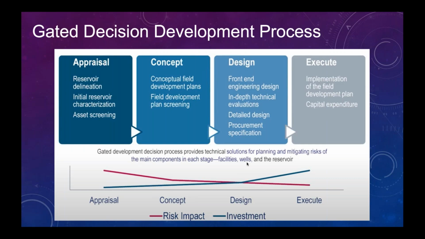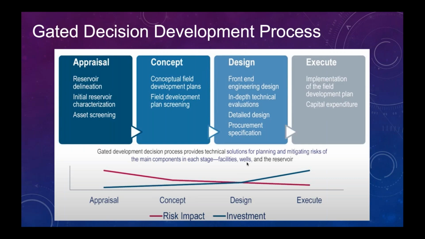Accordingly, you're going to converge to the final development concept that I would like to apply. The level of knowledge increases from left to right: you will have more data, more knowledge, more information, and your risk is going to get lower. You cannot get rid of all of the risk because that will come at a cost, because you will not invest in something that you don't need now.